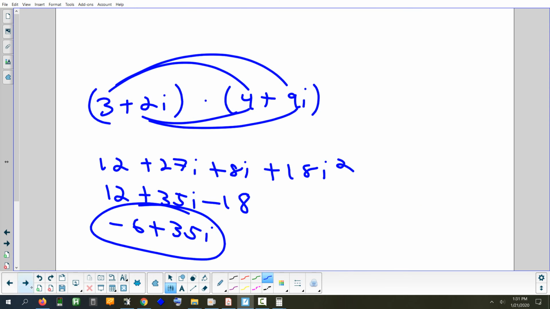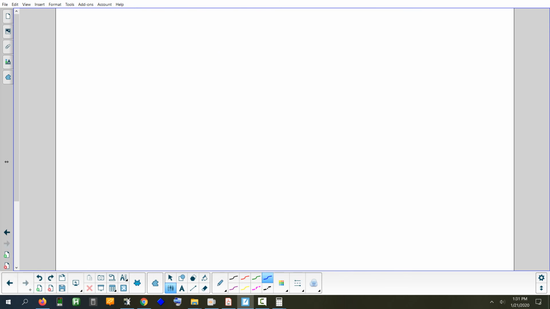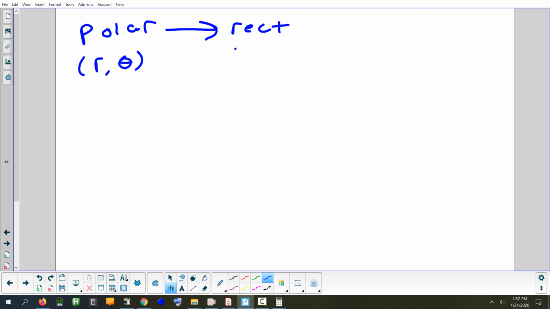All right, so if you wanted to convert between polar and rectangular. Polar coordinates are written with a radius and an angle. In rectangular, which is how we're used to doing them, it's an x and a y. So if you want to convert polar to rectangular, you have to get rid of the r, and you have to get rid of the theta.